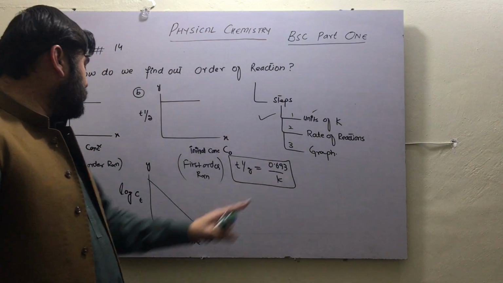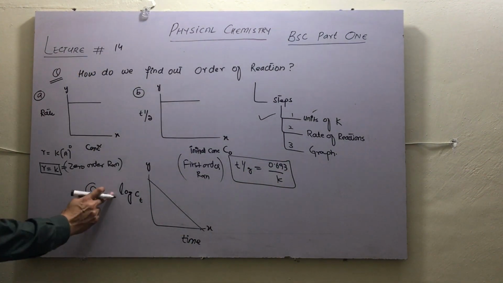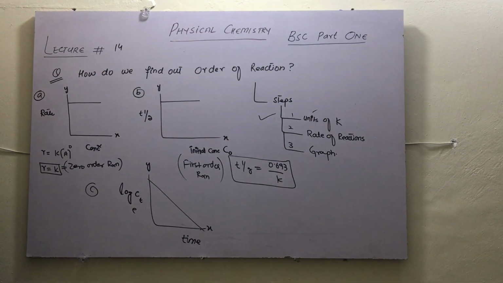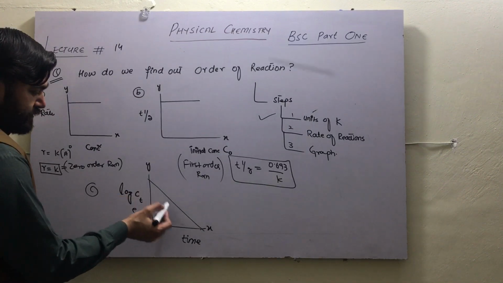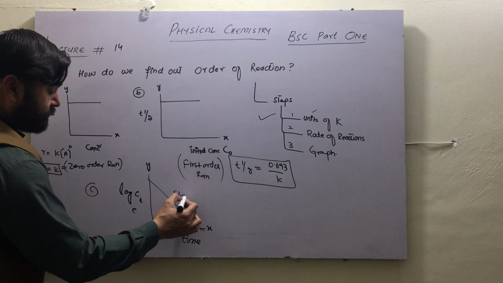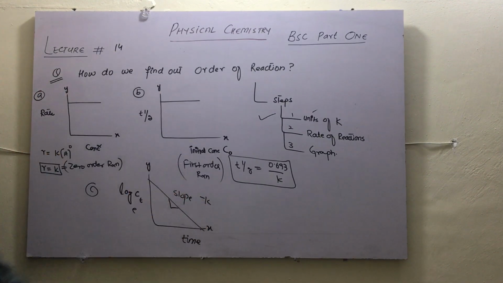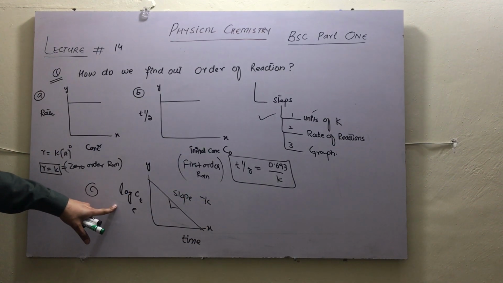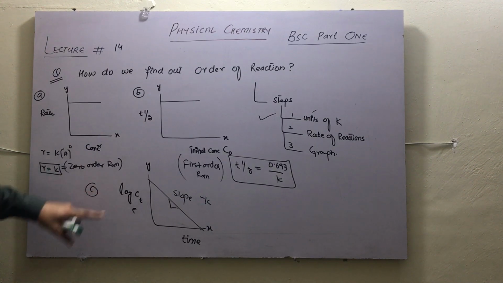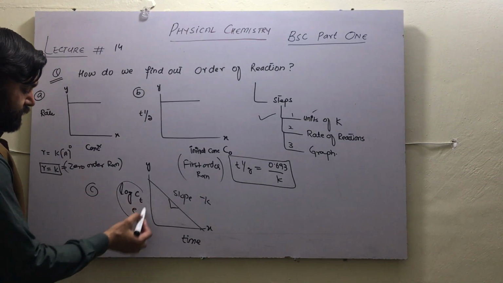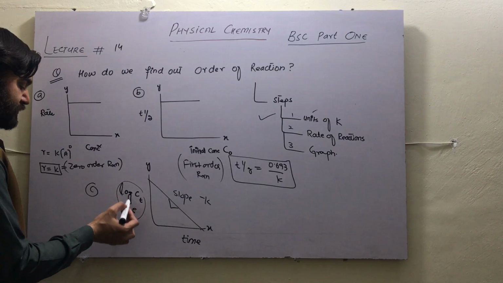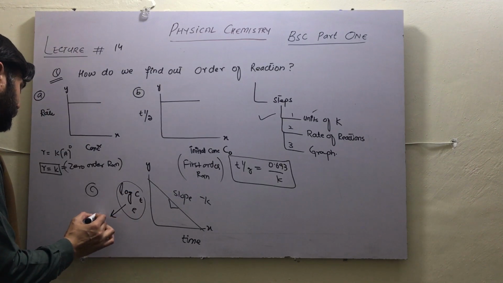And the third graph, whenever there is log to the base e or so, sometimes the slope is also given. The slope is minus k. Whenever there is log to the base e or log to the base 10, that should be first order.